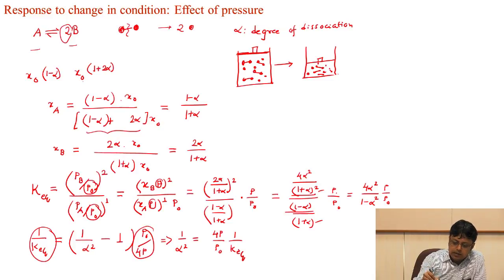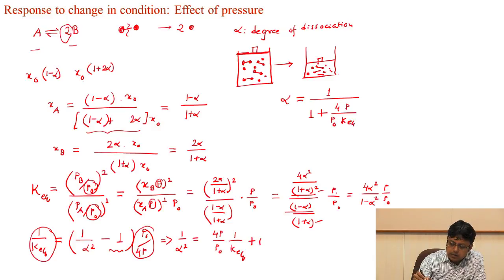So now we can see the degree of dissociation alpha will be the square root of the inverse of this quantity, which will be 1 divided by, plus 1 also because there is a 1 here. So it will be 1 divided by 1 plus 4 into P divided by P0 into K equilibrium.